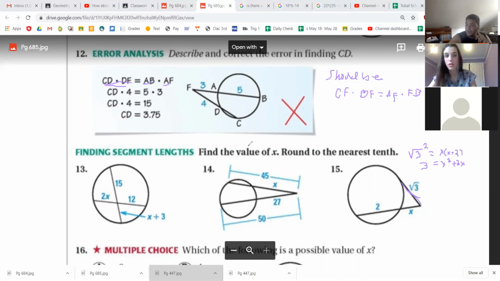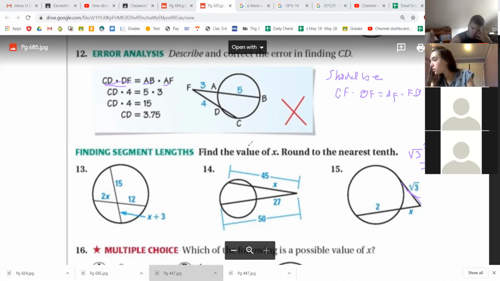Rufi, good. You're free to go. Emily, good job. You're free to go. Emma, a little bit off. Try to figure out what you did. Are you factoring correctly? Did you set it equal to 0?